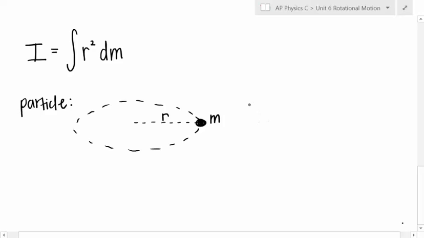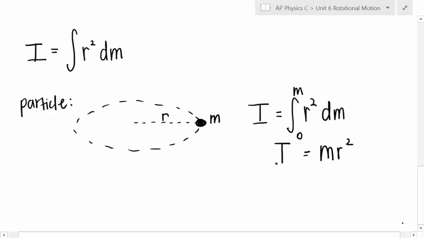So if you were to find the moment of inertia, it would just be the integral of r squared dm from 0 to m, and that would just be mr squared. All of the mass is at one place. Pretty easy.